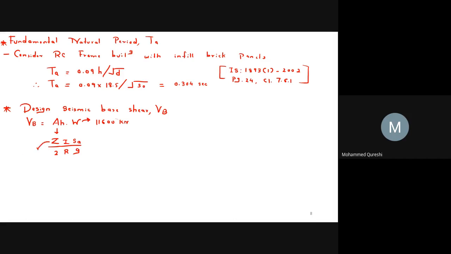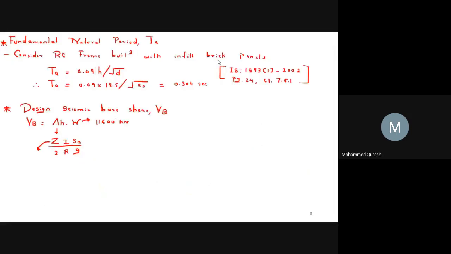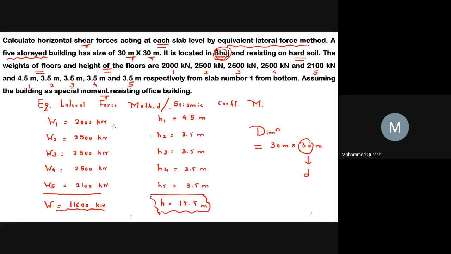Since the value of Z, that is the zone factor, and in the given data it is given that the building is located in Bhuj, hence the Z factor for Bhuj will be zone 5, and for zone 5 the value of Z is 0.36. Then the importance factor, capital I: it is given that the building is an office building.